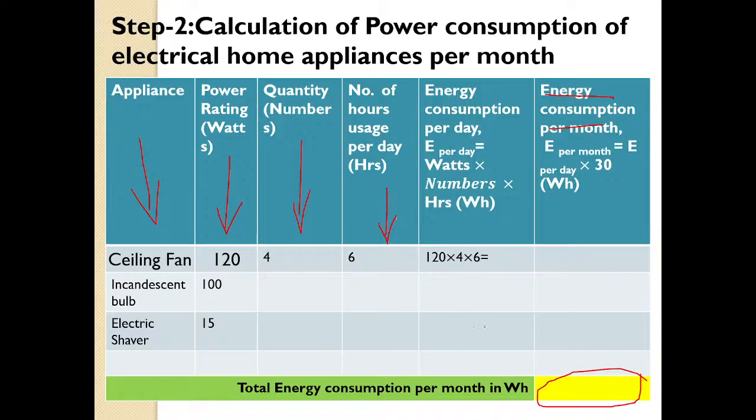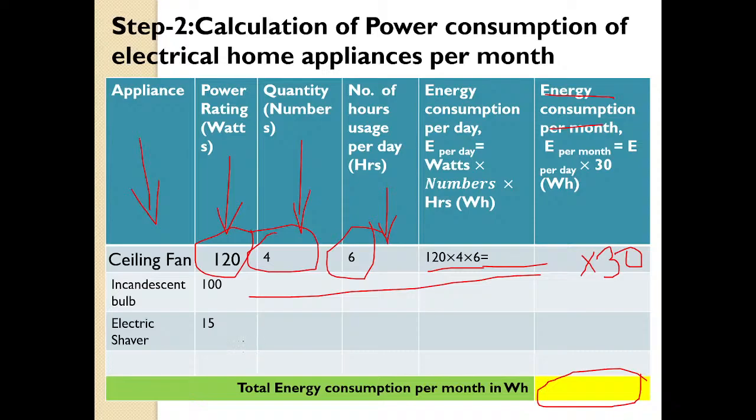After that, multiply the power rating, number of electrical goods, and number of hours that the electrical good was operating. You just multiply all these three, you will get some value. After that, multiply that value with 30. For each and every apparatus, you do the same.